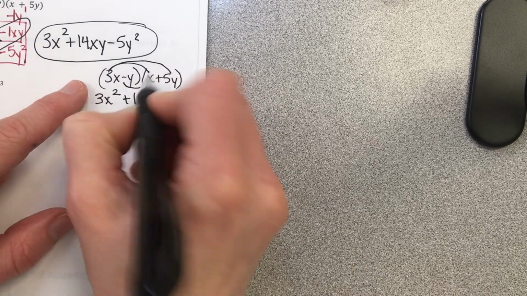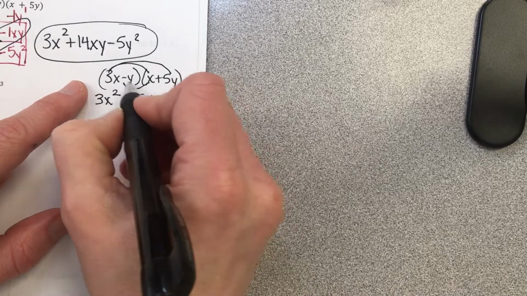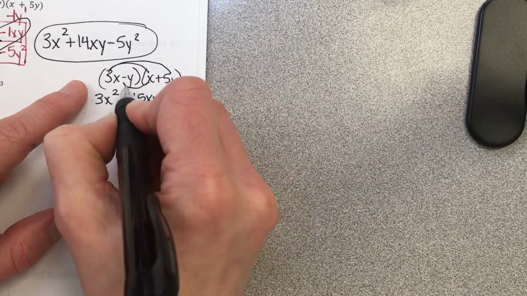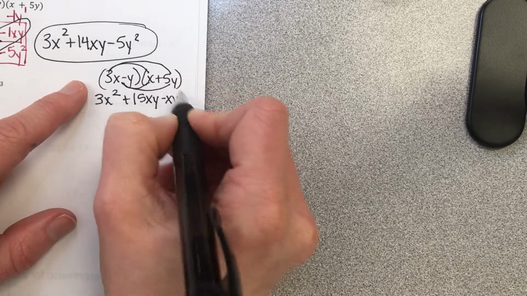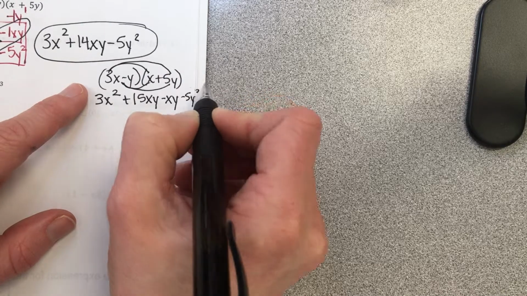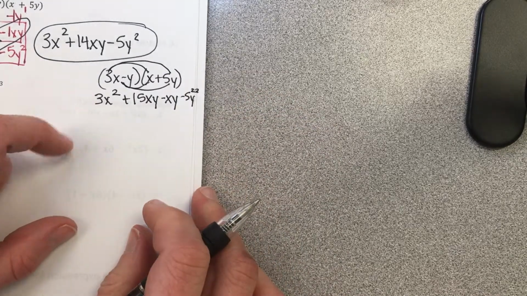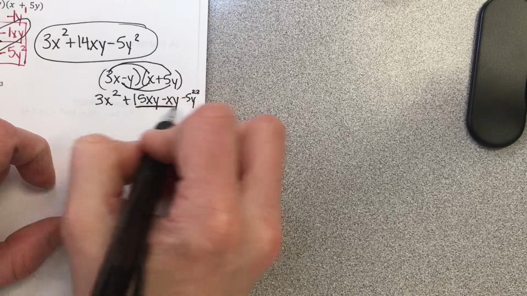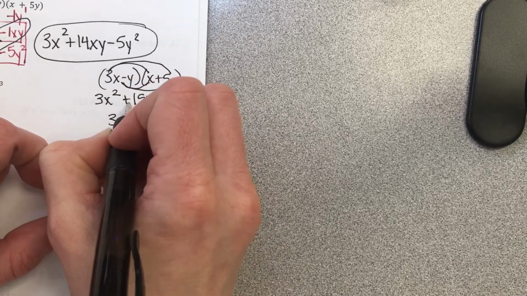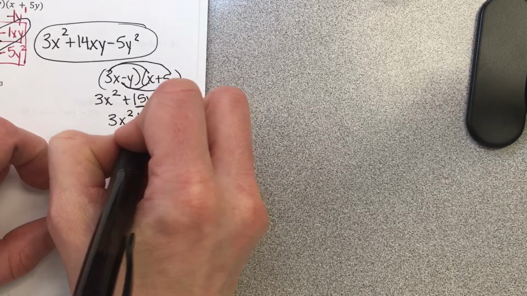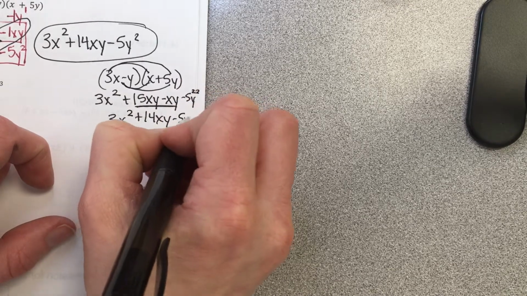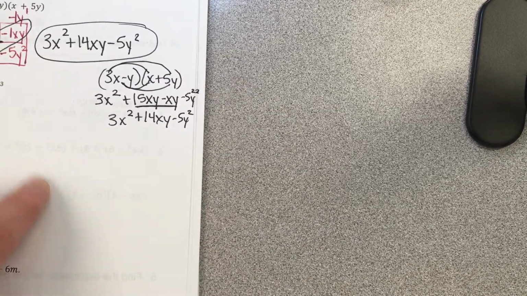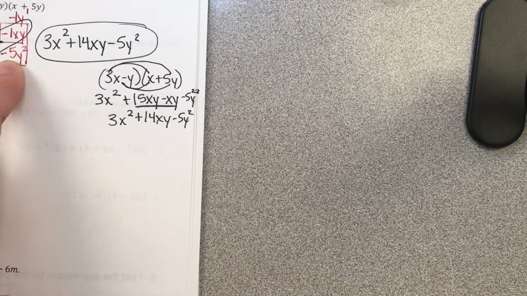And then you do the middle ones, negative xy. And then you do the last ones, negative 5y squared. Okay? And then those two go together. So it's 3x squared, 15 minus 1 is 14, minus 5y squared. Okay? I'll be doing the box method in this class.